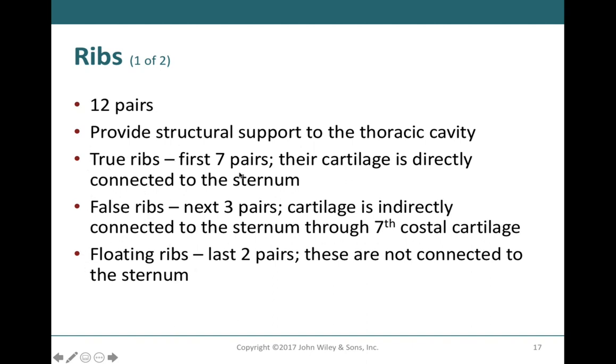So I also mentioned that we have 3 types of ribs: true ribs, false ribs, and floating ribs. Again, our first 7 pairs attach directly to the sternum through their own costal cartilage. These are true ribs. If they have their own costal cartilage, they are true ribs. Our false ribs are going to be the next 3 pairs, ribs 8, 9, and 10. These three are going to attach indirectly to the sternum through the 7th costal cartilage.